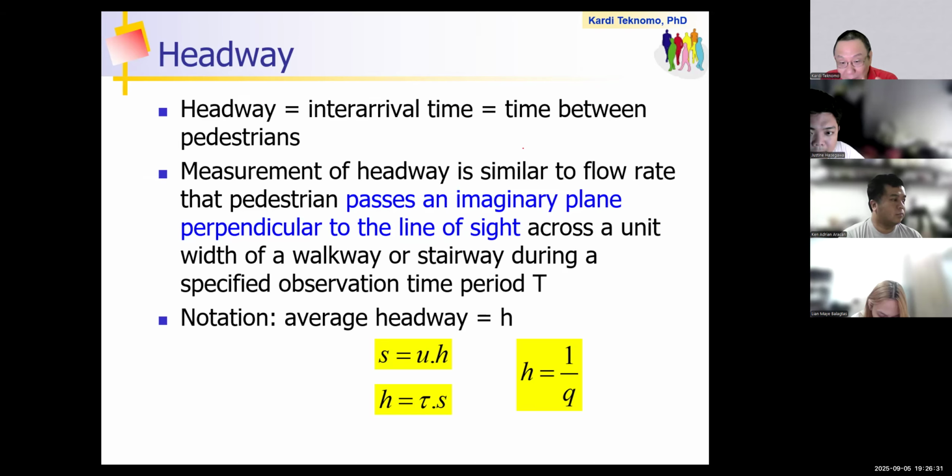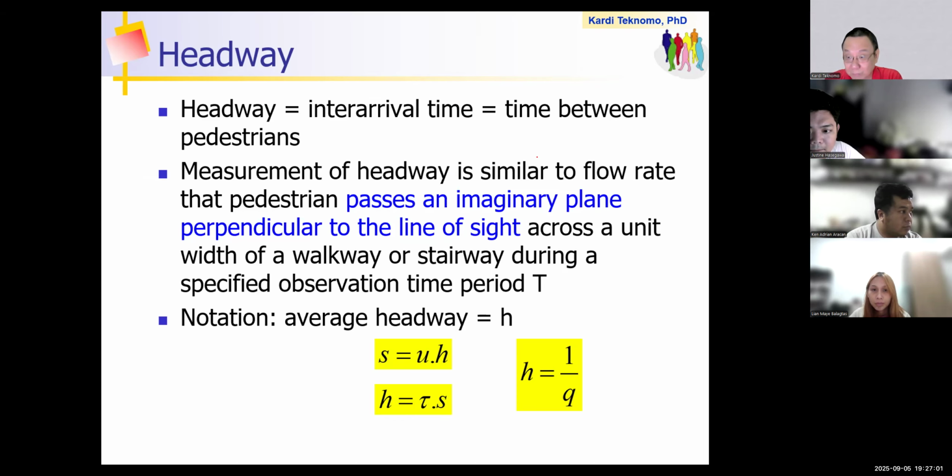The time difference is called headway. At an intersection, this is what we count.